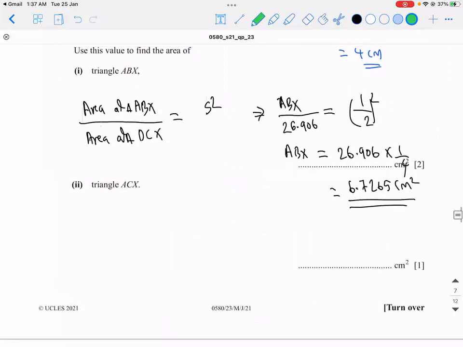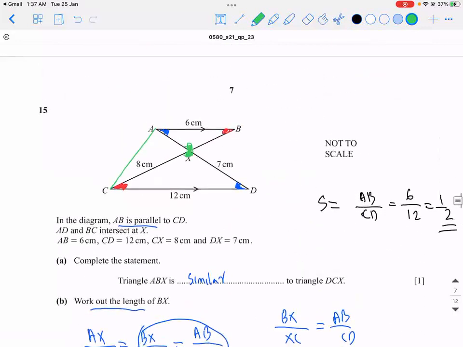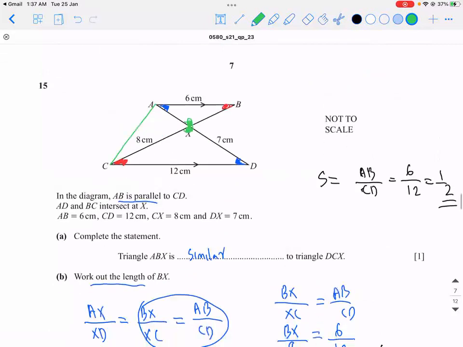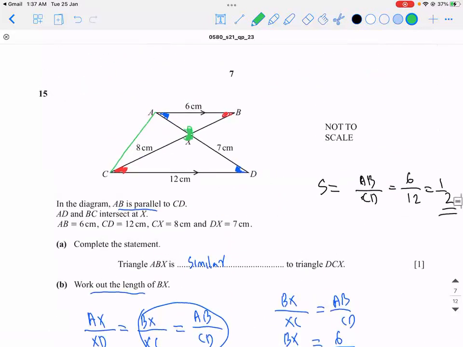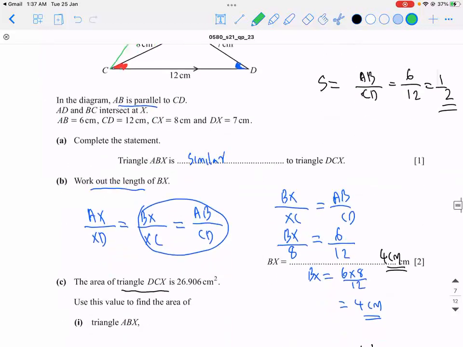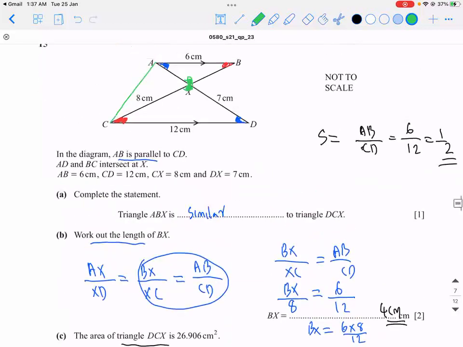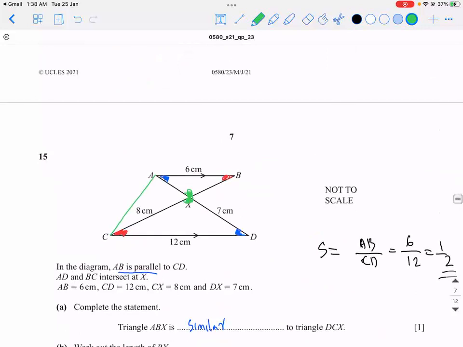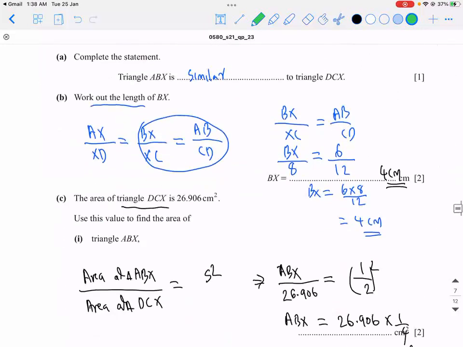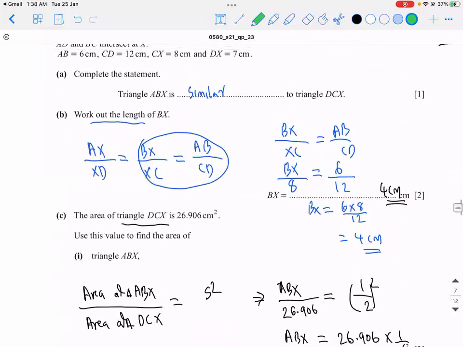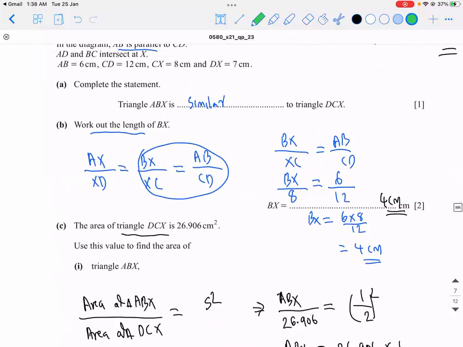ABX we have already calculated. DCX we also calculated. So how to find the area of triangle ACX? Provoke your thoughts and please calculate it.